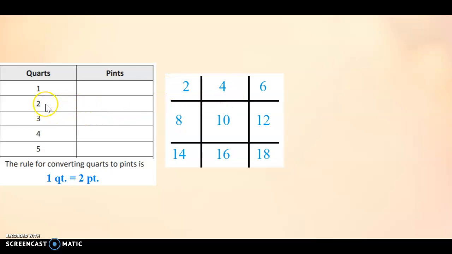You're multiplying each quart that you have in this column by 2, because you have 2 pints in each quart. This is one example: 12 quarts times 2 equals 24 pints, because that's the rule, multiplying by 2.